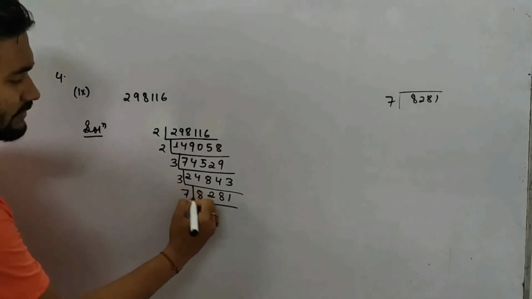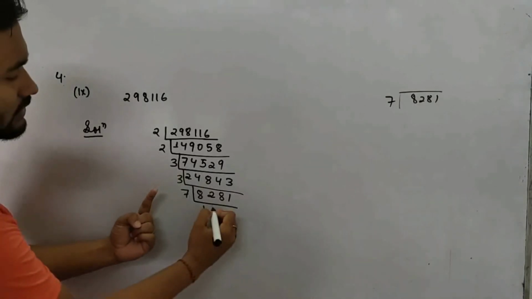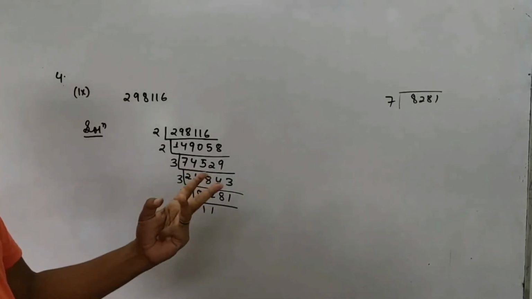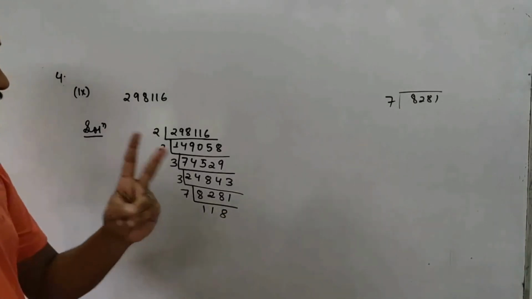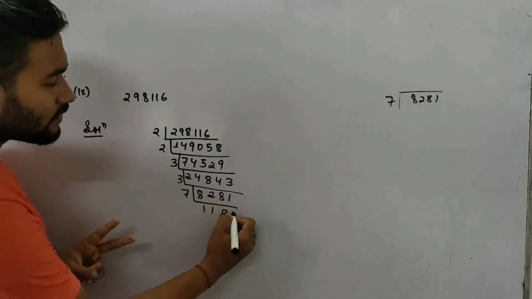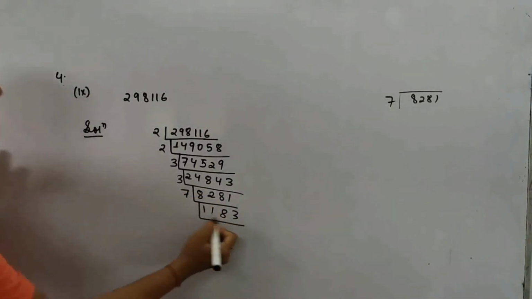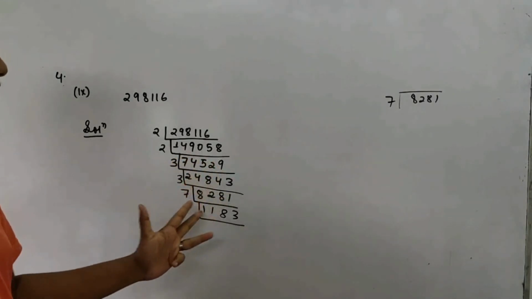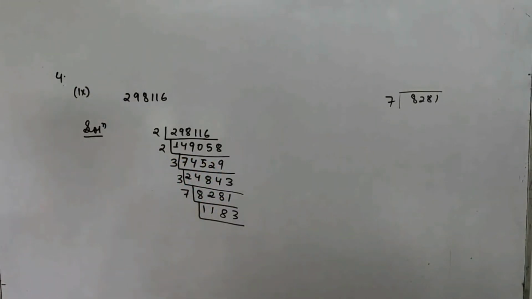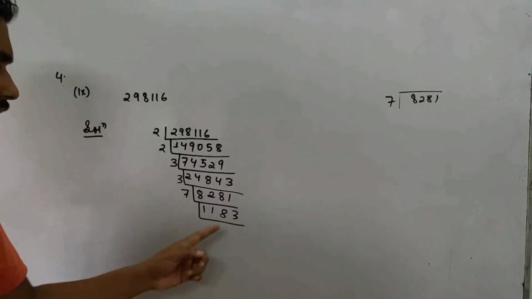So it is divisible by 7. 7 1s are 7, 8, 1 and 2, 12. Again 7 1s are 7, 8, 9, 10, 11, 12, 58, 7 8s are 56, 57, 58, 21, 7 3s are 21. So check again whether it is divisible by 7 or not. 7 ones are 7, 8, 9, 10, 11, 48, 7 6s are 42, 43, 44, 45, 46, 47, 48, 63.